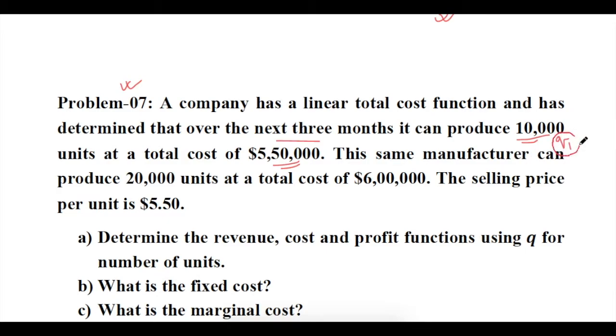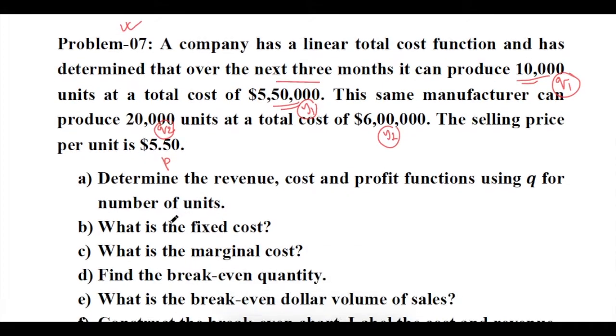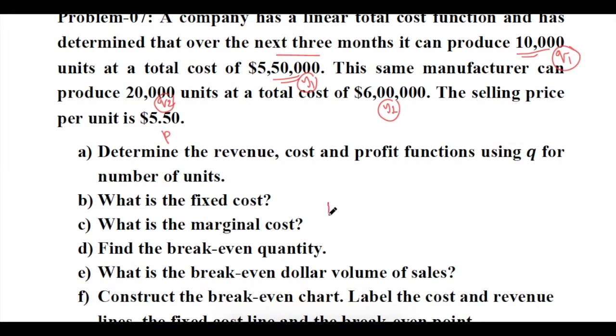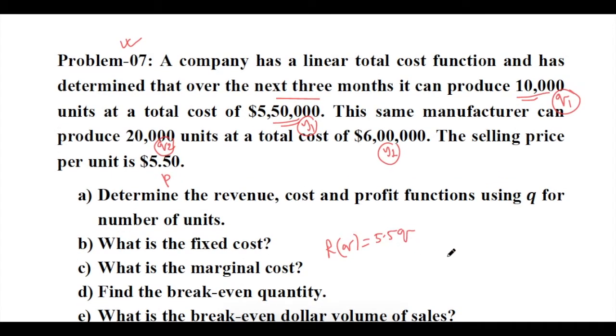This is Q1, this one is your Y1, this one will be Q2, and this one is Y2, and this is a small p. So you can calculate a revenue function that will be R(Q) equal to 5.5Q, price times quantity, and the cost function you will calculate like before.